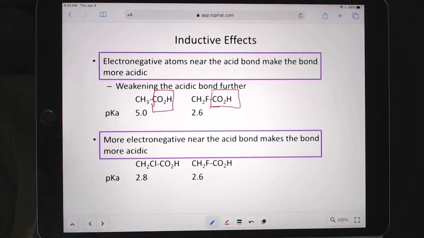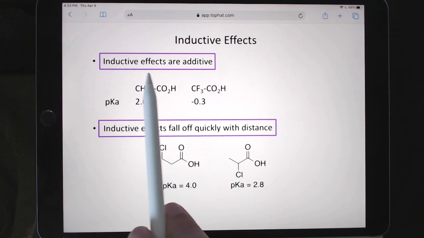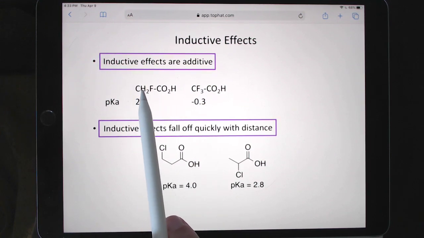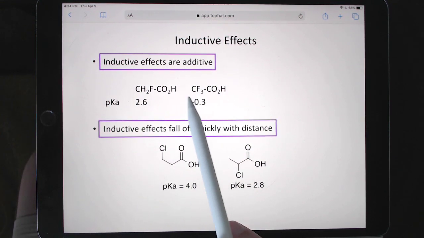But you're saying, hold on, you said that being closer to iodine makes it more acidic. No, that's only dealing with the atom that is holding the hydrogen. After that, it's just straight electronegativity. The more electronegative atoms you have, the more acidic it is.